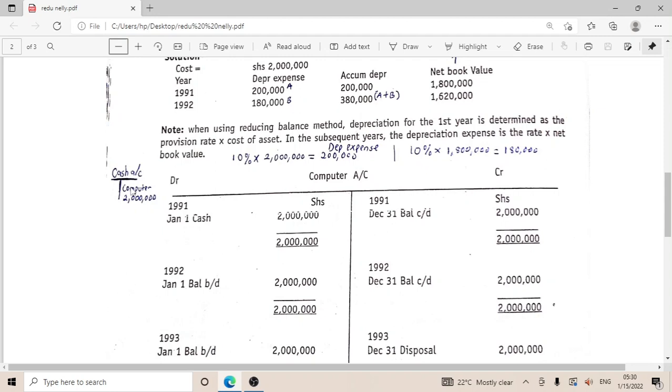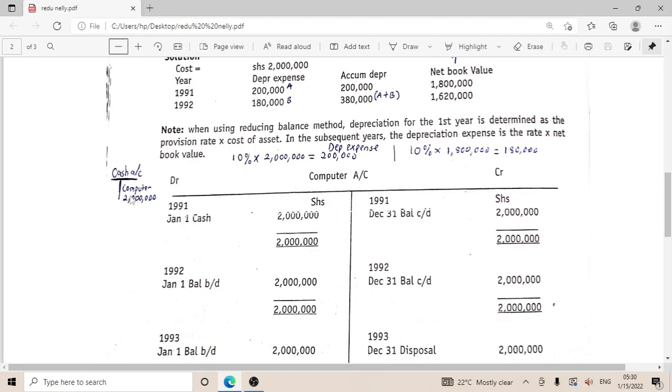So we come on the credit side of the cash account and say we purchased a computer of 2 million. You have it in your head that they have credited the cash account to show that it's reducing by 2 million.